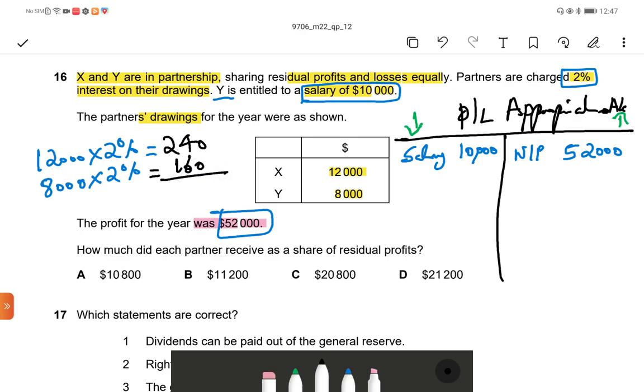Total interest on drawing is 400. Interest on drawing means the partnership firm will charge interest on the partners' drawing, so they will get the money from the partners.